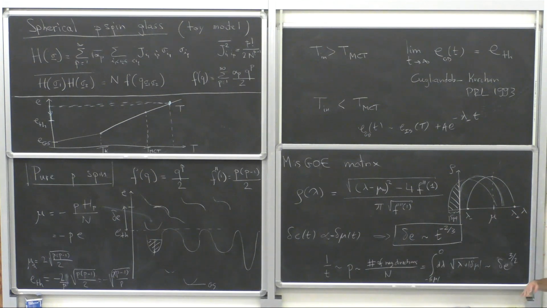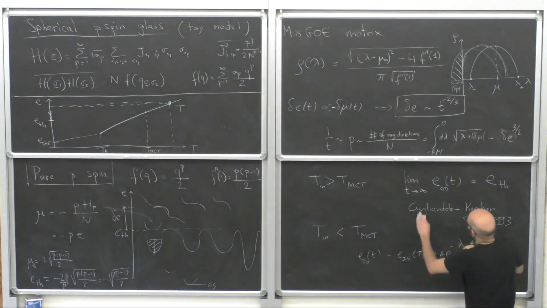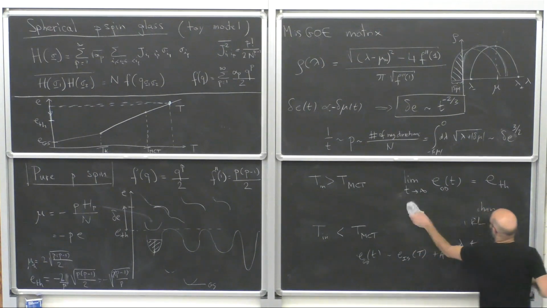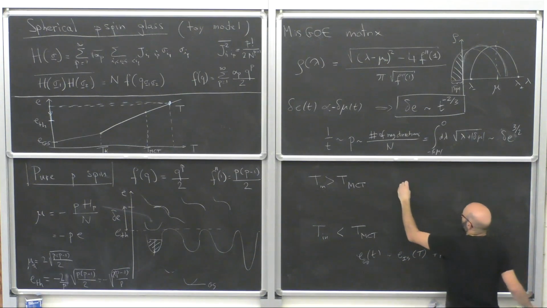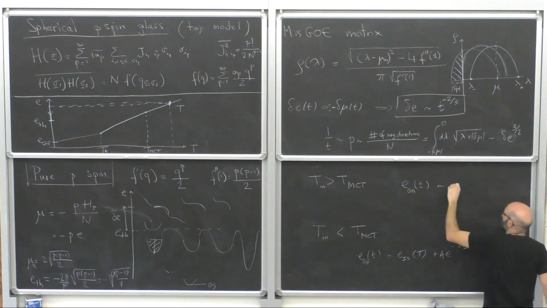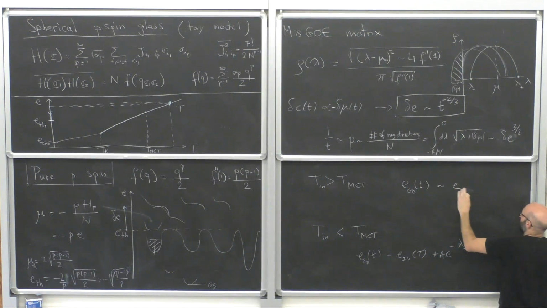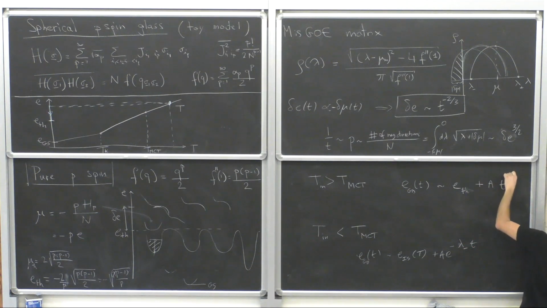So you go down and approach the threshold in a power law way. This is above T_MCT, of course. Below, I told you it's exponential. So here, energy is going like the threshold plus a correction that goes like T to the minus 2/3.